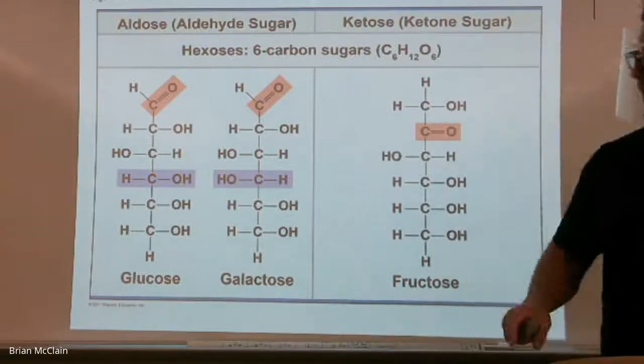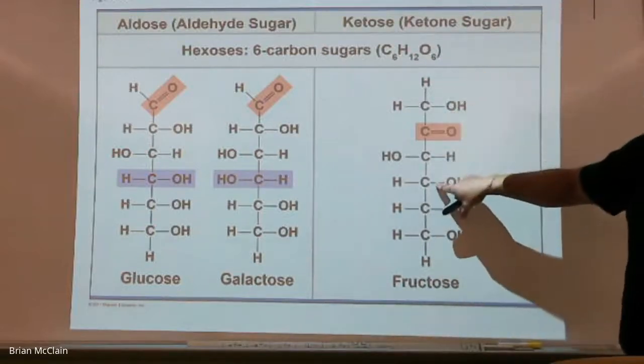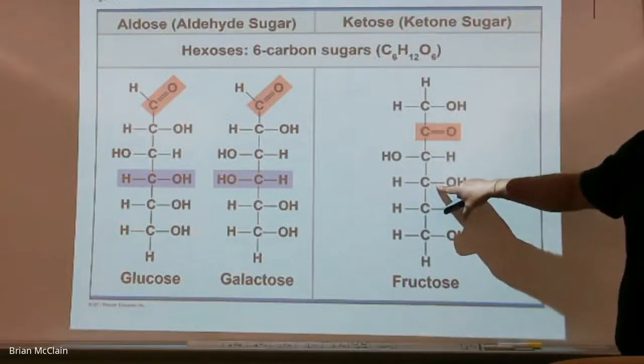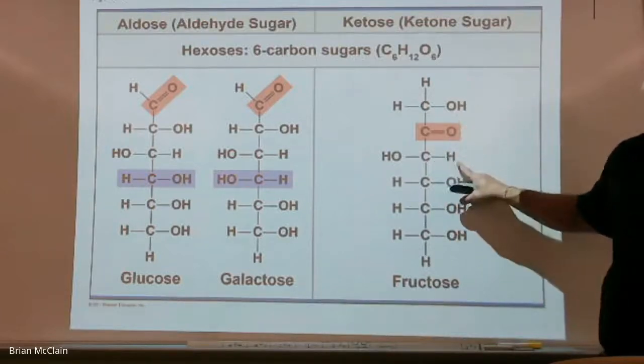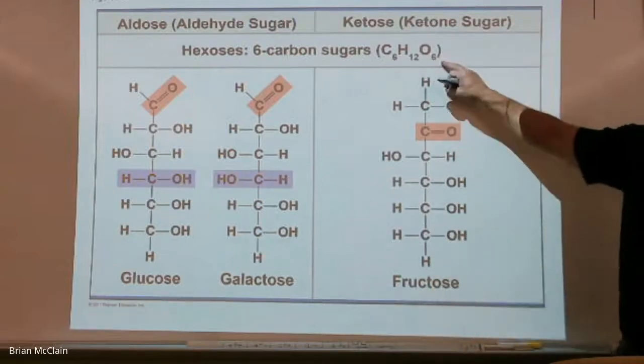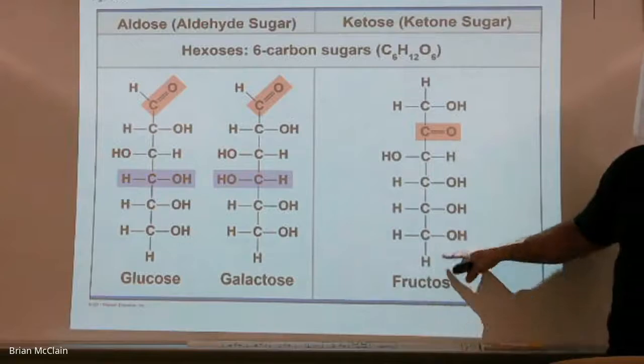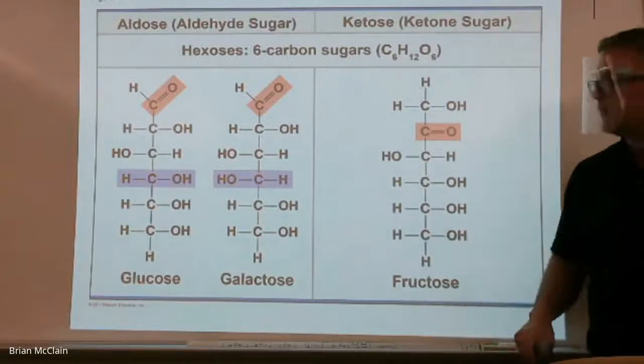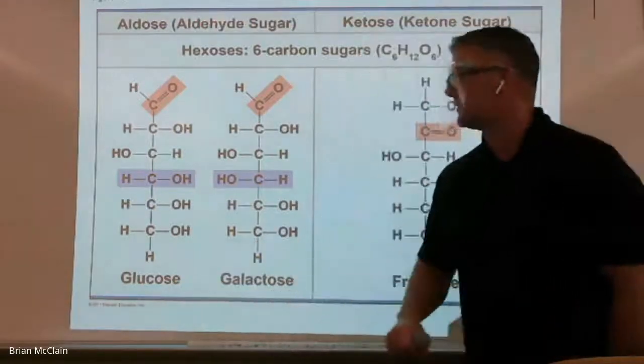So when we look at the ring structure of fructose, we're going to see that it's going to form a 5-sided ring. So always think fructose 5. Even though it's C6H12O6, it forms a 5-sided, like a pentagon structure, whereas we have a 6-sided glucose and galactose.